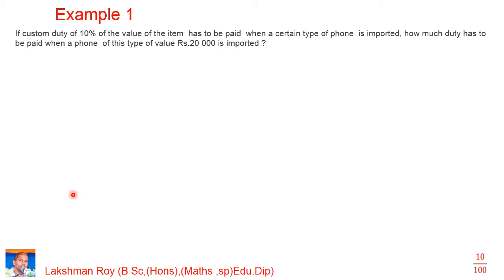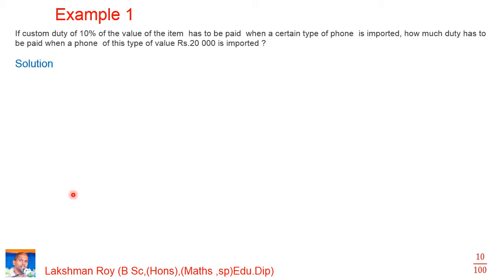How much duty has to be paid when a phone of the value of 20,000 rupees is imported? So the value of the phone is 20,000 rupees, and the percentage of custom duty is 10%. Now you have to find the amount of custom duty you should pay.